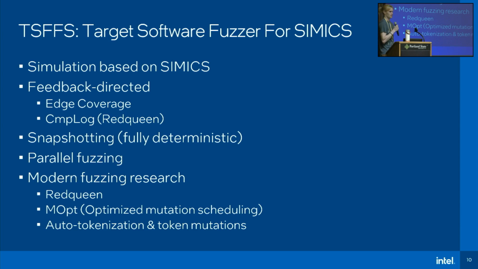So TSFFS is based on a simulation platform that we use at Intel that's also publicly available, which is why I'm here telling you about it. It's called SIMICS, which, as far as I'm aware, doesn't actually stand for anything, kind of like QEMU doesn't stand for anything, except it used to stand for Quick Emulator. And what SIMICS is, is a full system, cycle-accurate device modeling software.